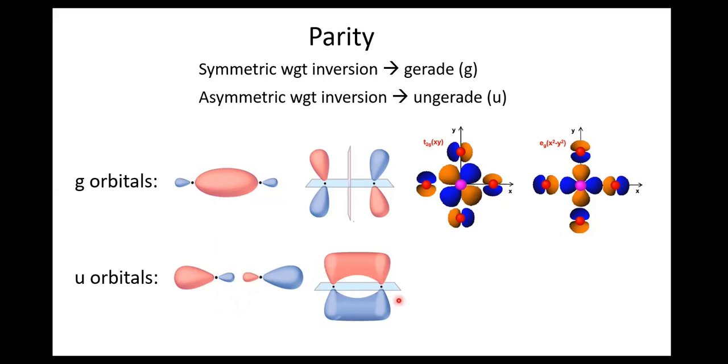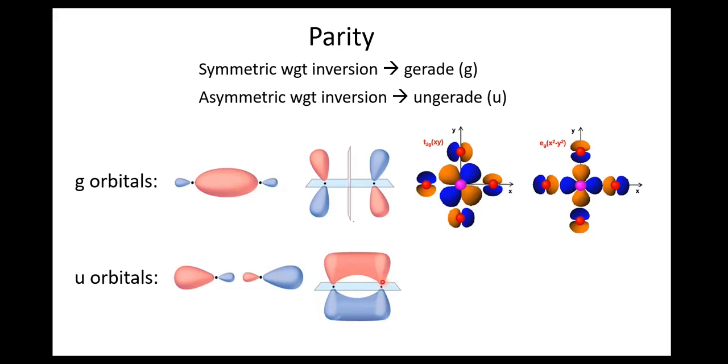And for this sort of pi bonding, we see the electron cloud overlapping, so this is a pi bonding. But if we think about the symmetry of this in the framework of our inversion, we can tell this would change to here. So it would change the sign, and this is actually a u symmetry.